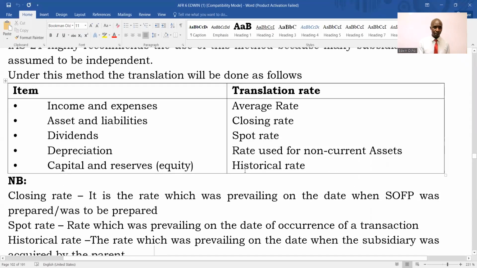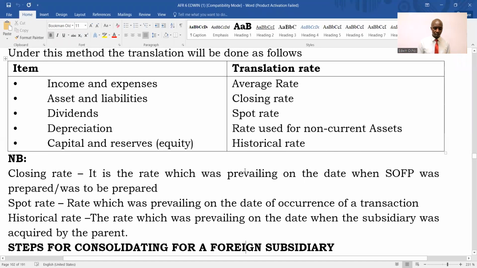The spot rate is the rate which was prevailing on the date of occurrence of a transaction. You will be told that this transaction occurred on this date, then you will be given the rate as at that relevant date.